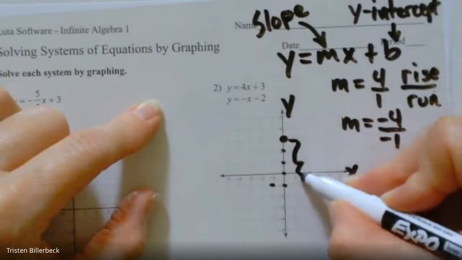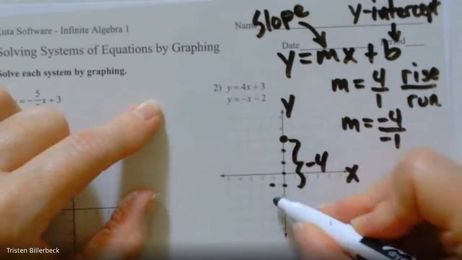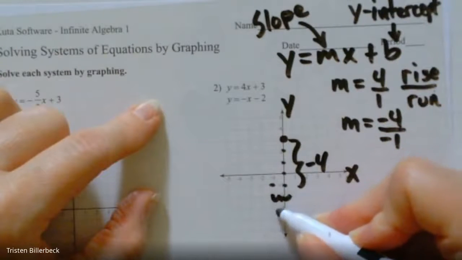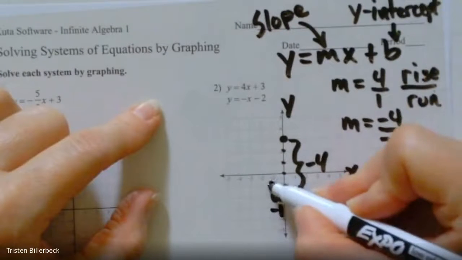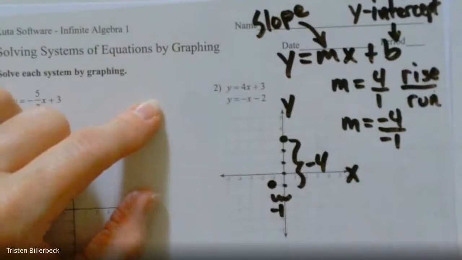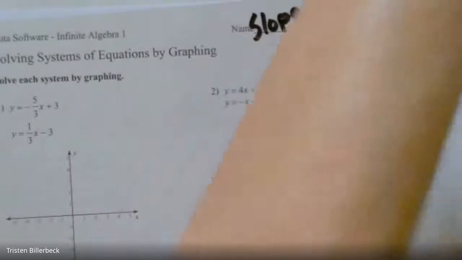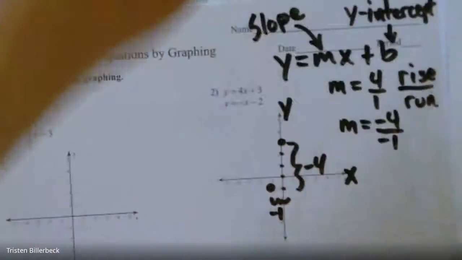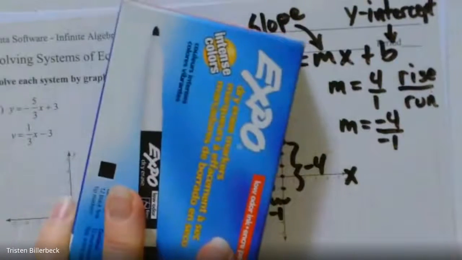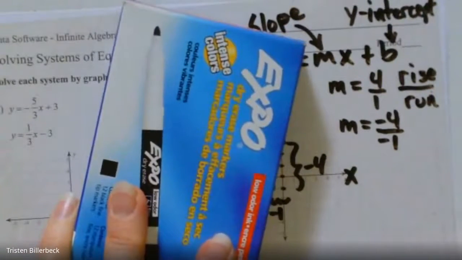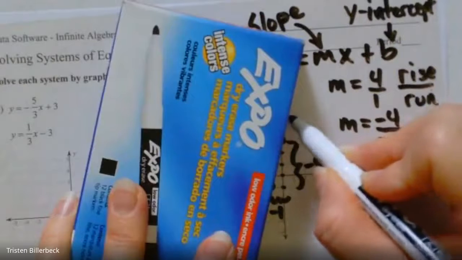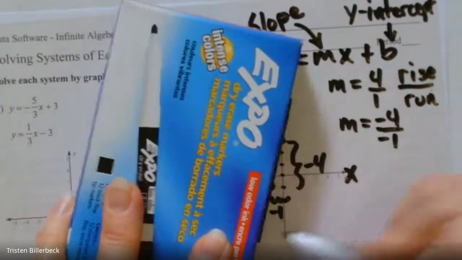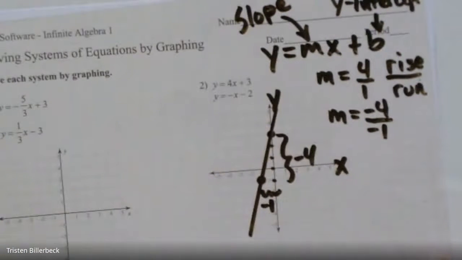So I dropped down -4 and I went over -1, and that gives me my second point. Now we only need 2 points for a line. So then we can draw a line, and you can use any straight edge available. Gotta learn to be resourceful in times like this.